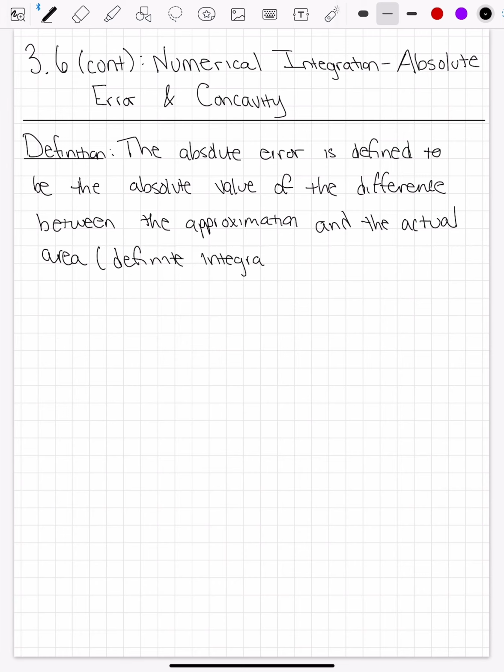Right, so for an example, remember from the very first video on 3.6, we did this example where we integrated from 0 to 1 x squared dx, and we split that up into 4 trapezoids, and our answer was 11 over 32, which was approximately 0.34.